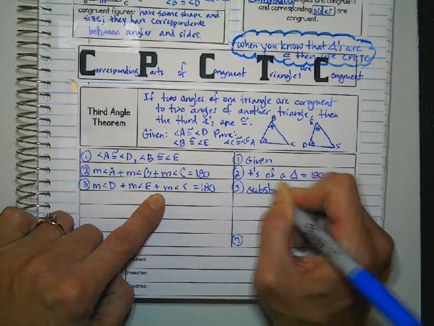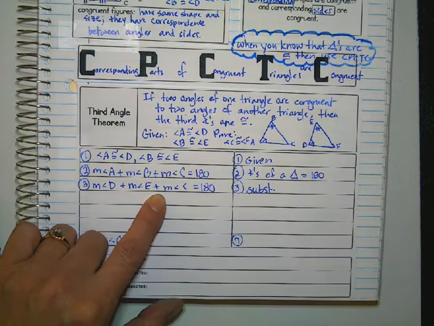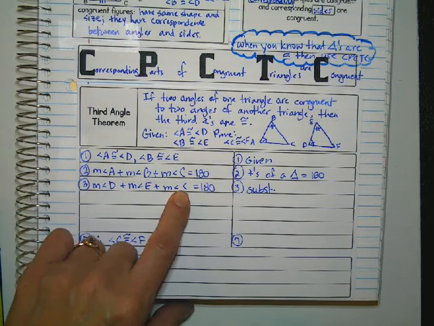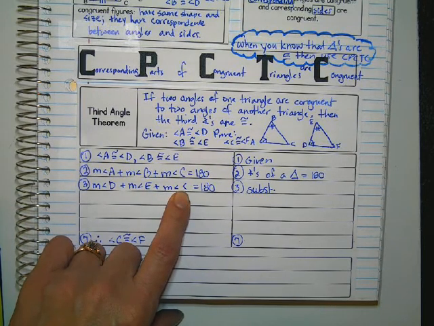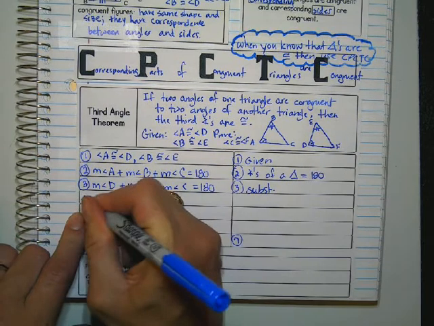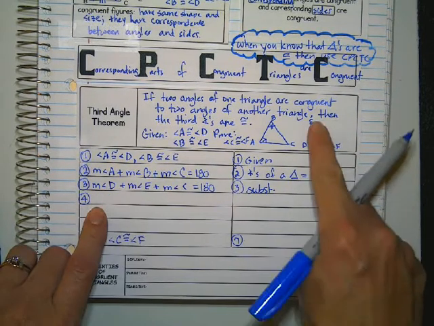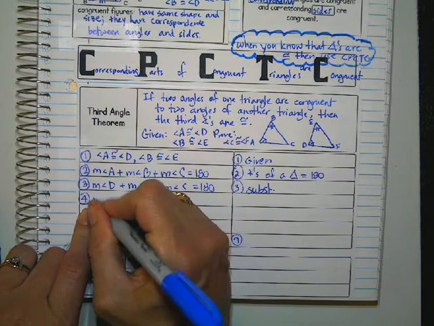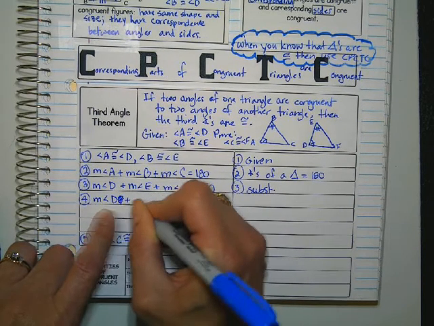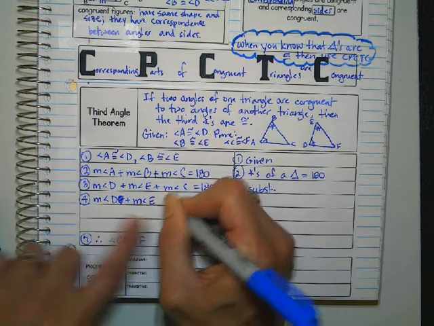We know that D, E, and F also add up to 180. D plus the measure of angle E plus the measure of angle F. We know those add up to 180. If you look right over here, those are the 3 angles of that triangle. So again, angles of a triangle equal 180.